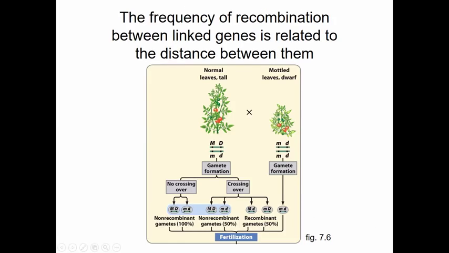So the question is, how do these two parents produce all of these gametes down here? When you're doing a test cross for gene mapping, you're always going to be crossing a heterozygous individual like this one to a homozygous tester plant.